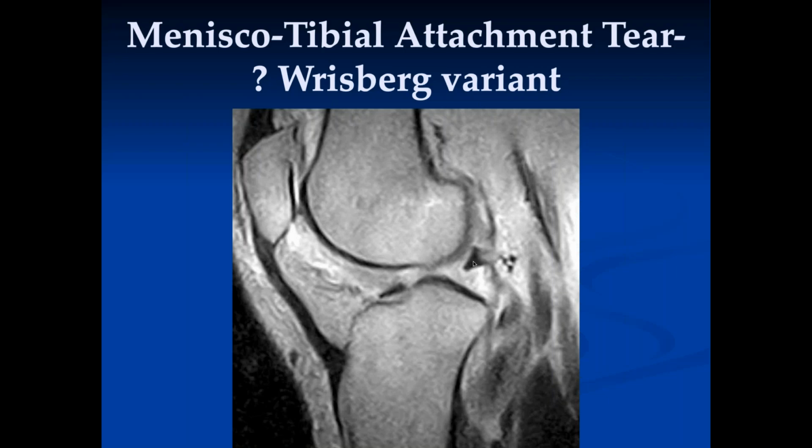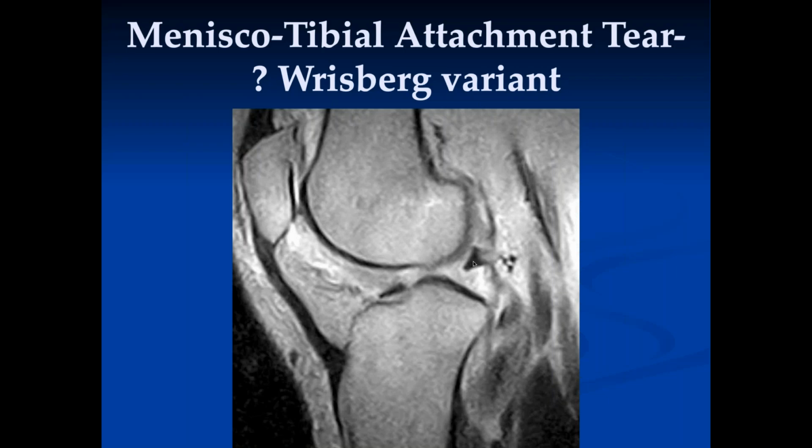One attaches the posterior. Well, let me back up. Wrisberg's ligament, the posterior root of the lateral meniscus, which is a discoid meniscus, does not attach to the capsule.